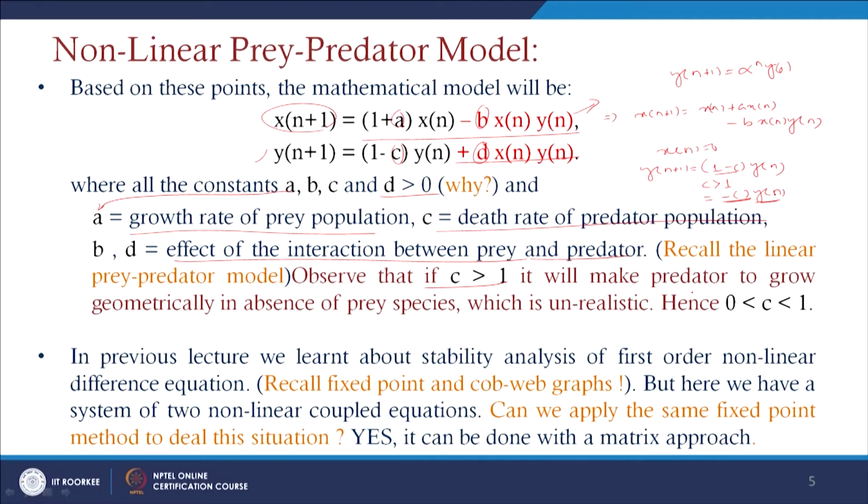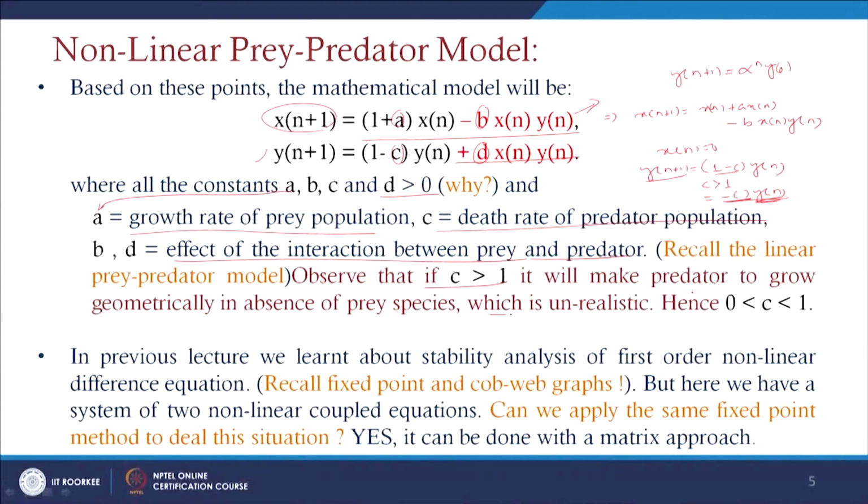This means that if the death rate or the declining of this population occurs with respect to the population size at the n+1 level, then this death rate cannot go to a negative level.